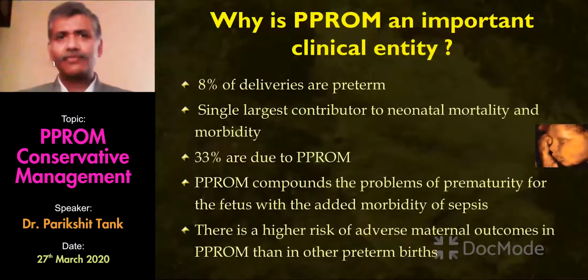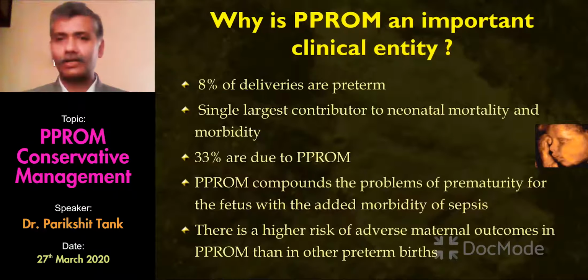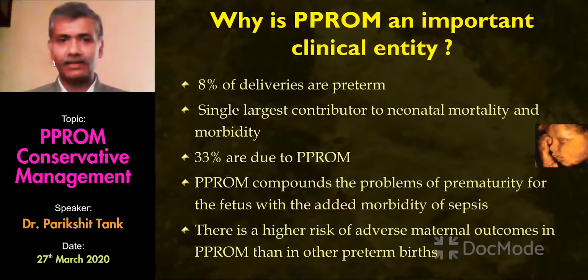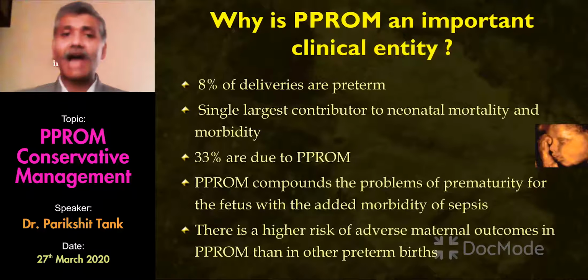The question is, why are we talking about this? Why is PPROM an important clinical entity? We all know that about 1 in 10 deliveries in the world is a preterm birth, and the single largest contributor overall to neonatal mortality and morbidity is the preterm birth of an infant. Amongst this group of preterm births, about a third are because of a preterm pre-labor rupture of membranes.